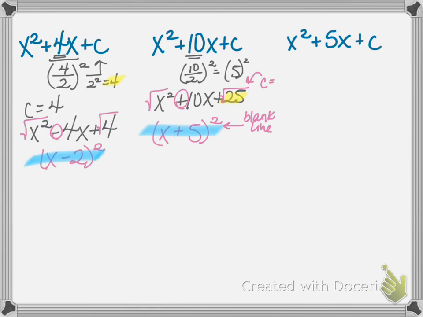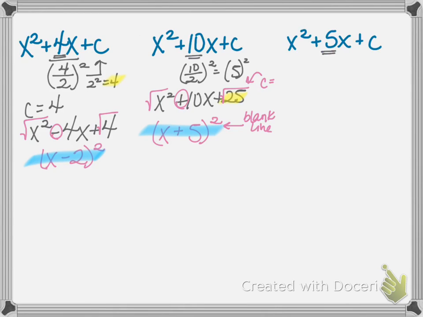So the thing is, this pattern can be applied to anything, and it's just most often used for even numbers. But if your number is odd, it doesn't really matter, because you can still do the pattern. So like our third example here, x squared plus 5x plus c, same exact idea.